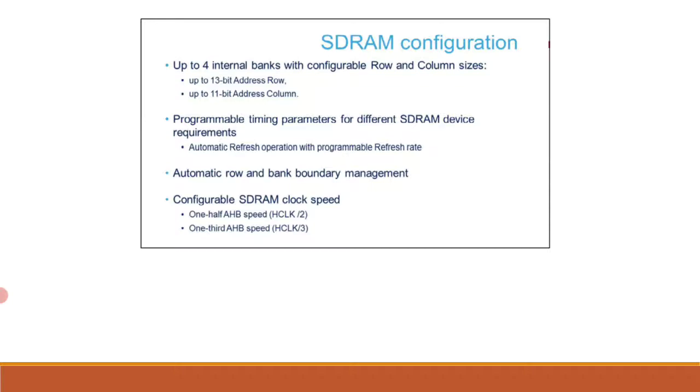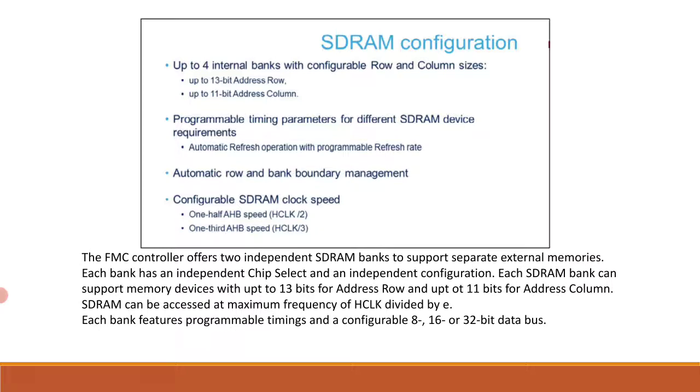Each SDRAM bank can support memory devices with up to 13 bits for address row and up to 11 bits for address column. SDRAM can be accessed at the maximum frequency of HCLK divided by 2. Each bank features programmable timings and a configurable 8, 16 or 32-bit data bus.